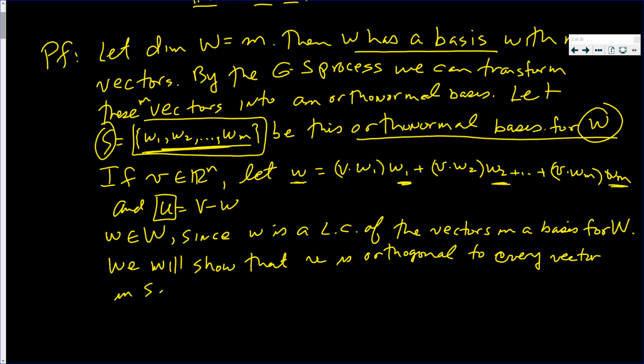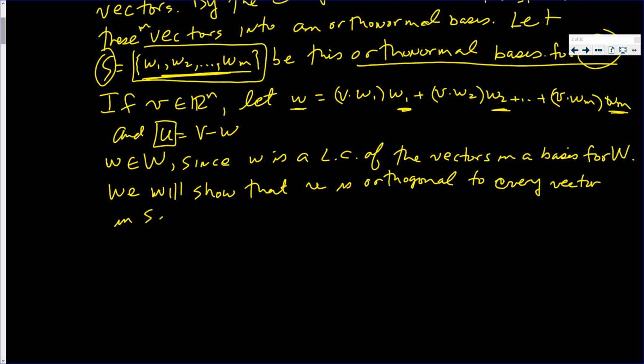We're just going to look at one wi. If I show that u is orthogonal to an arbitrary vector in S, then it's orthogonal to every vector in S.